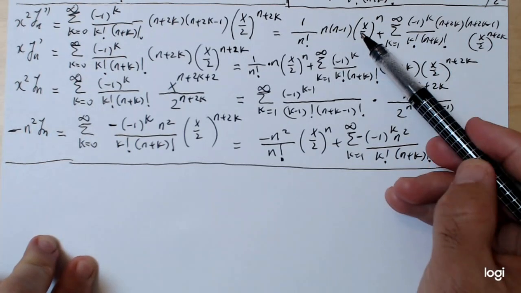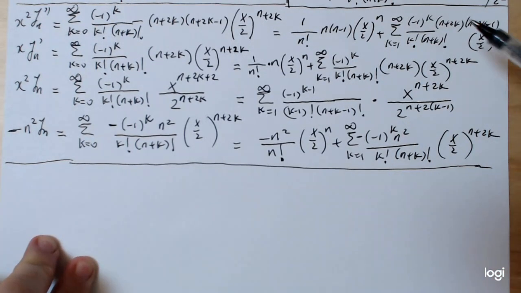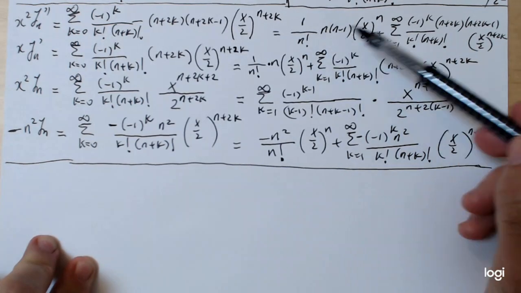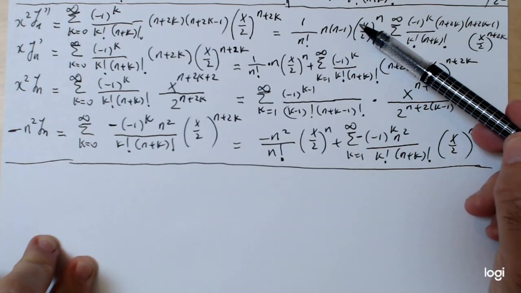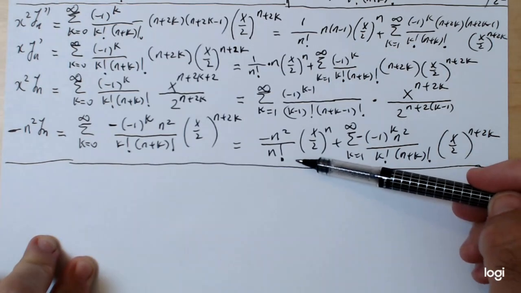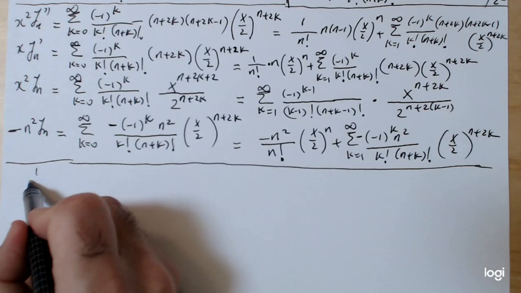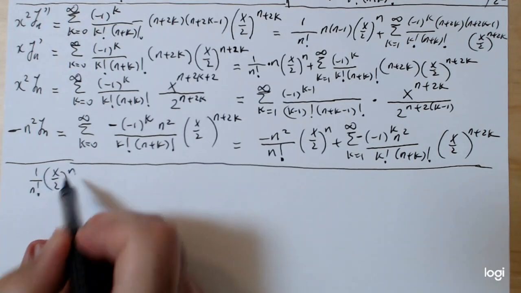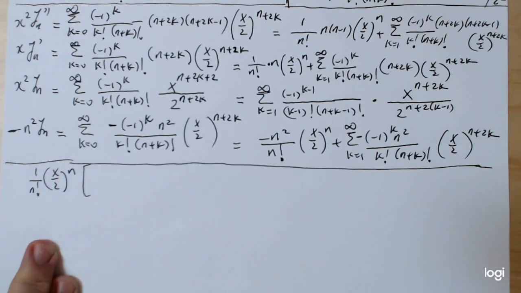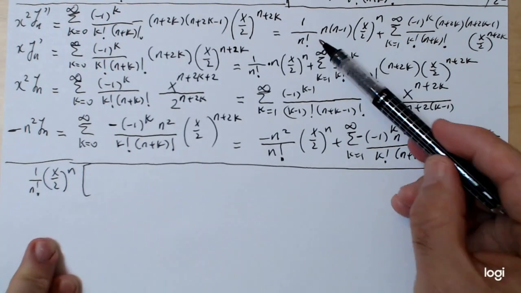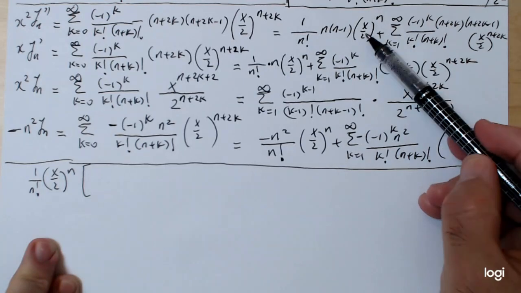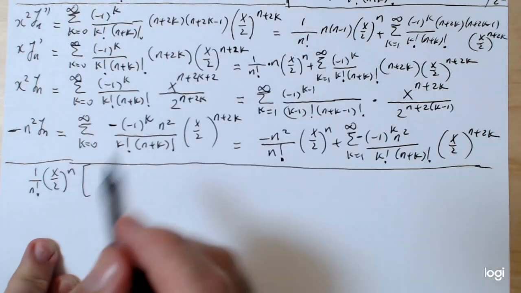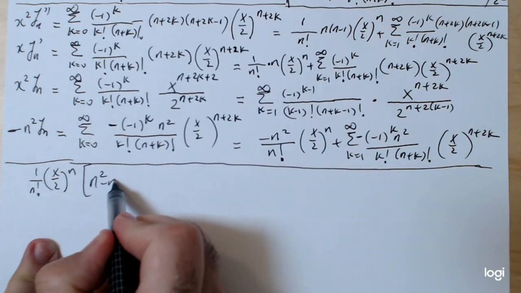Let's see what we have outside all the summations. So we have 3 terms, 1, 2, and 3, with some stuff outside the summation. If you look carefully, here, here, and here, we have basically a common factor, 1 over n factorial, x over 2 to the n. So when I add it up, if I pull out 1 over n factorial, x over 2 to the n, we're left with what? Well, in the first part, we get n squared minus n.